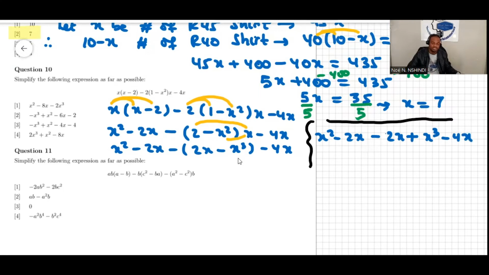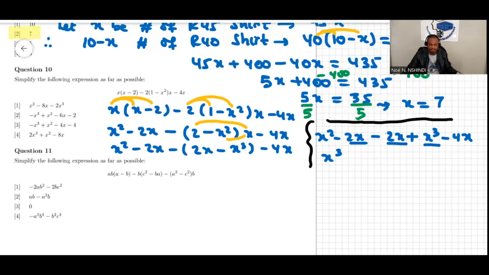We can now write it in terms of the higher order of exponents. So this will become x cubed, with x cubed underlined.